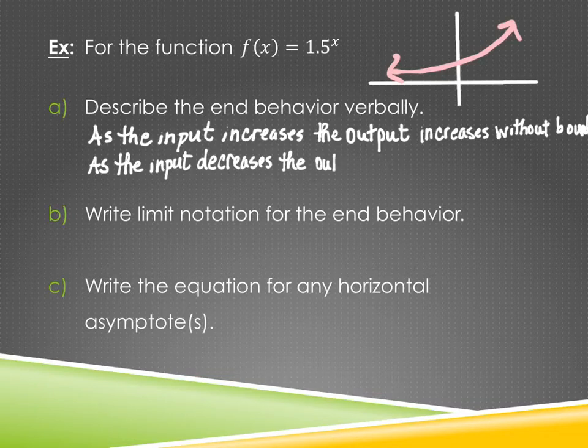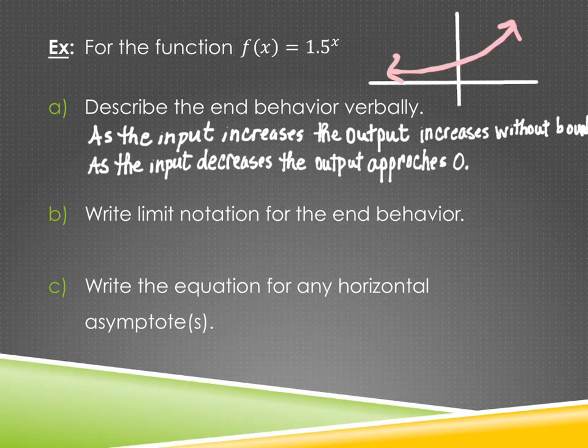The output approaches 0. Some similar language you could use is you could say that it levels off at 0, or it tends towards 0. This would all be language that means the same thing. But the idea is that if the input's going left, it's decreasing, then the output's leveling off at 0.